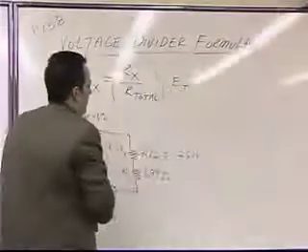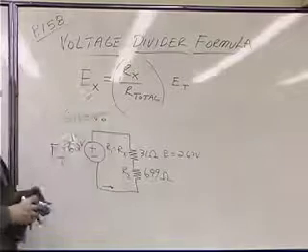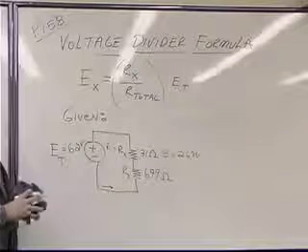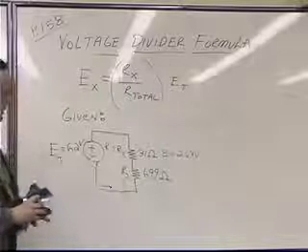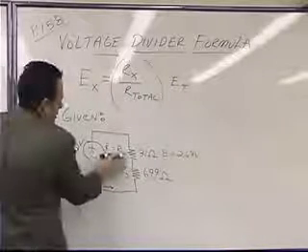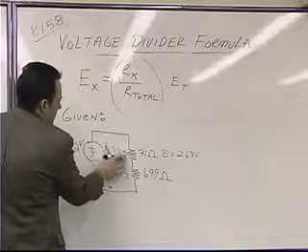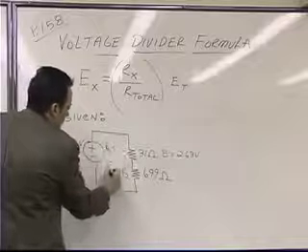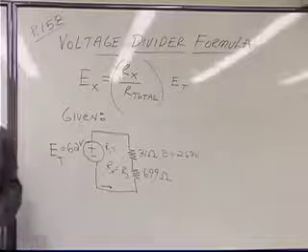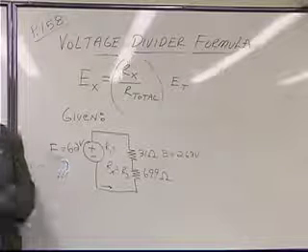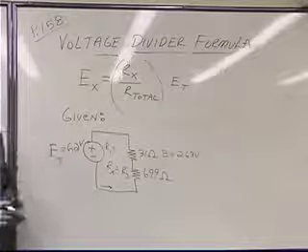Okay? And we're going to use the same formula, but this time we're going to find the voltage drop across resistor 2. So this time R sub x is going to be resistor 2. In other words, that's the one that we're interested in. Okay?